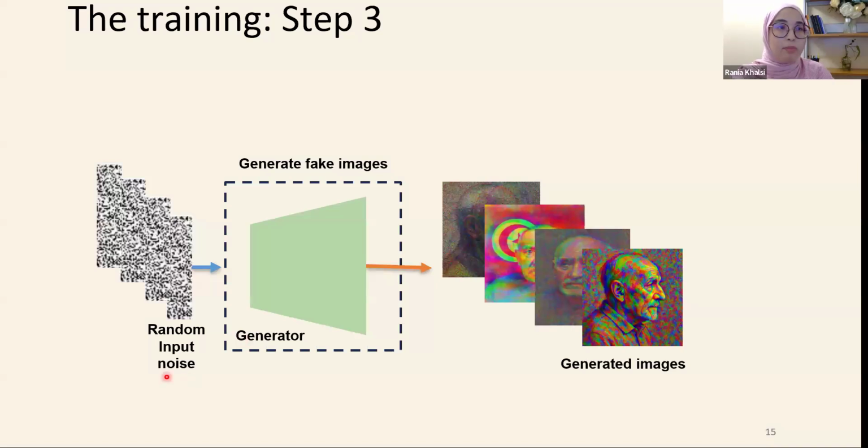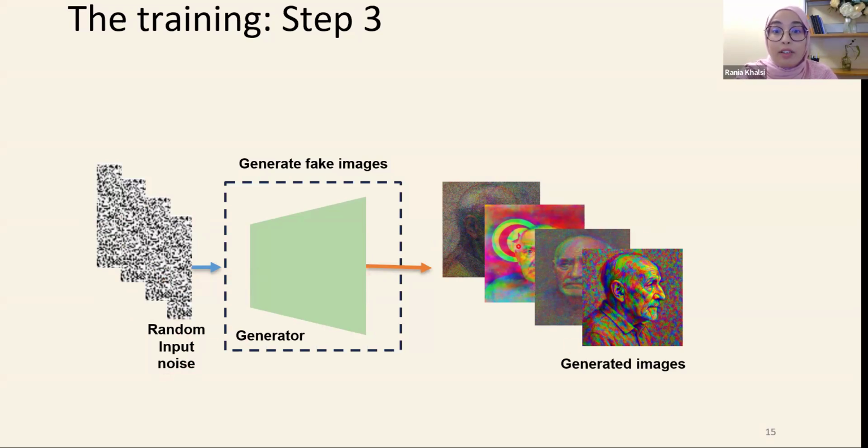In step 3, we focus on the generator side. Here we mainly sample random noise from, let's say, a Gaussian distribution, and we inject it into the generator. The idea is that we want to generate fake images. Since the generator starts from random noise, it is going to generate random images.